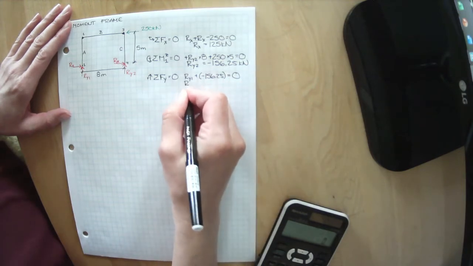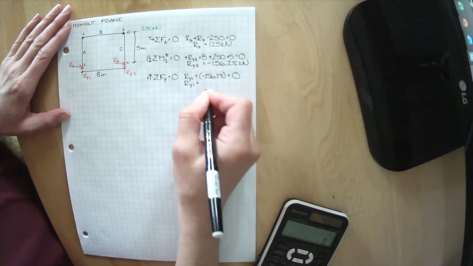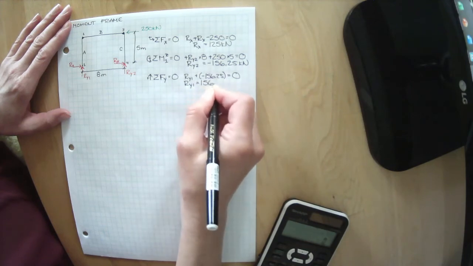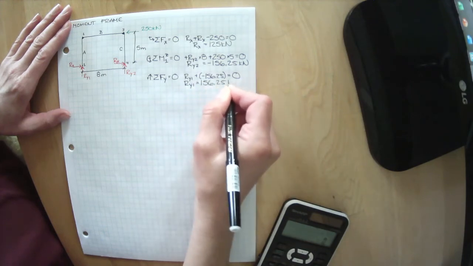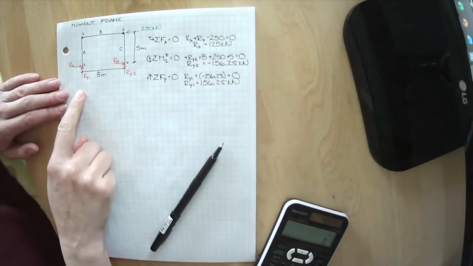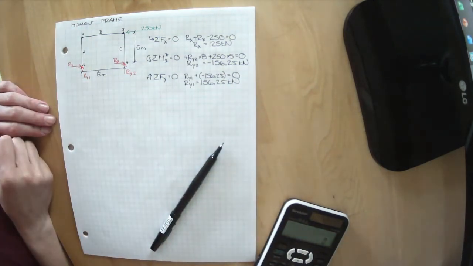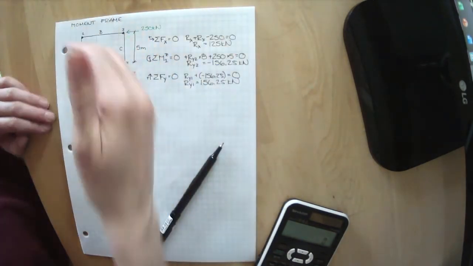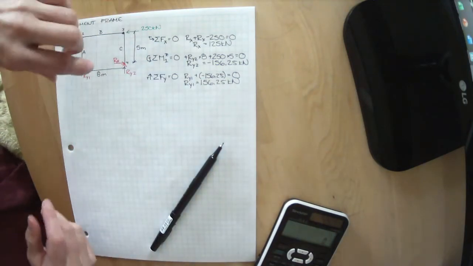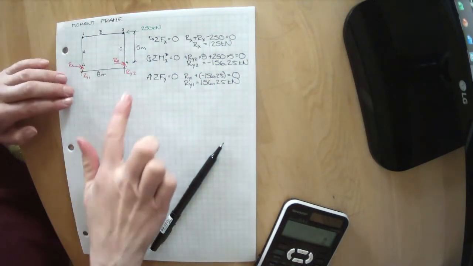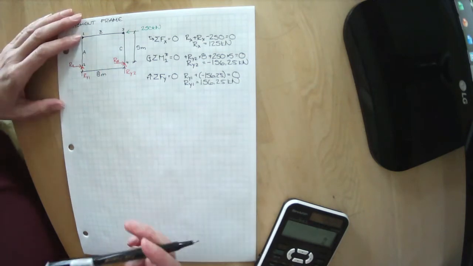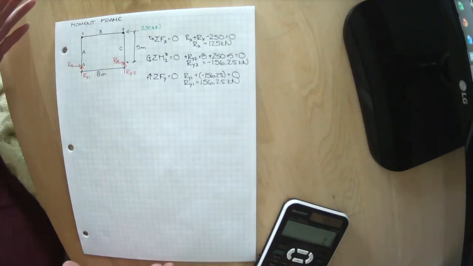So RY1 equals 156.25 kilonewtons. And it is acting upwards. So this 250 kilonewtons tries to make this spin and push that corner down and lift that corner up. So great, we have our reactions.